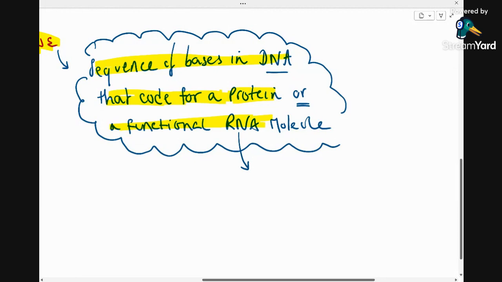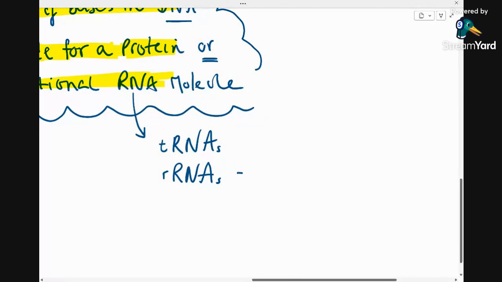But they don't get translated. They remain as functional RNAs. The examples you came across, of course, were the tRNA molecules, the tRNA adapters in translation, and the ribosomal RNAs, which are RNAs that make up the ribosome.